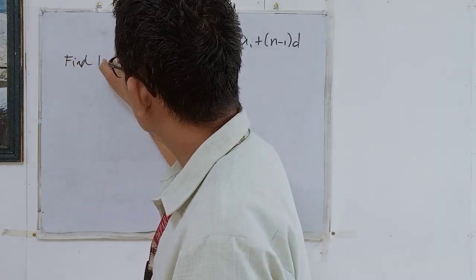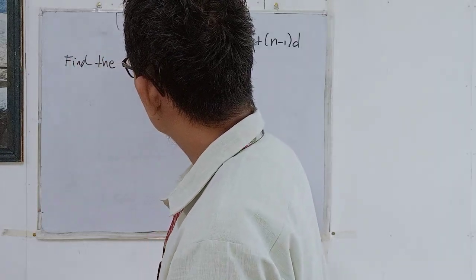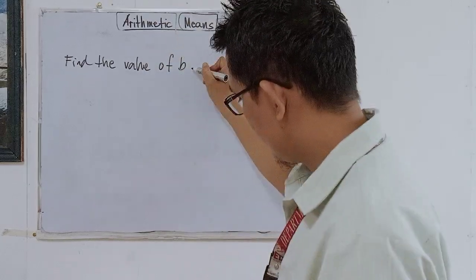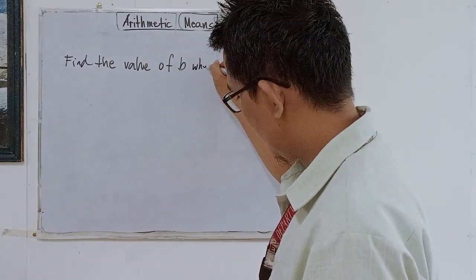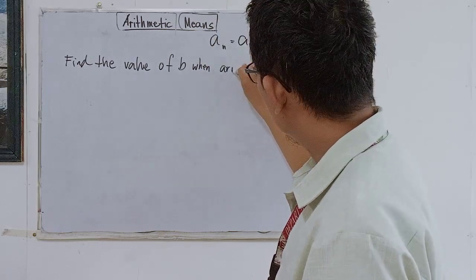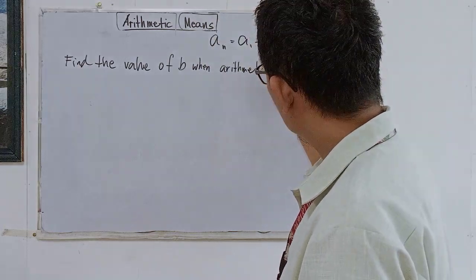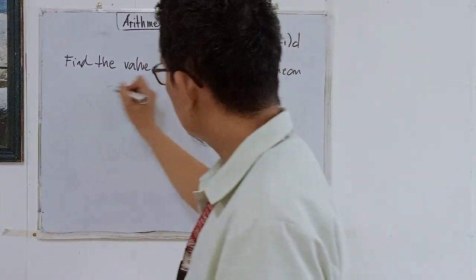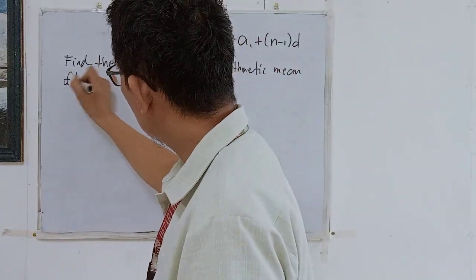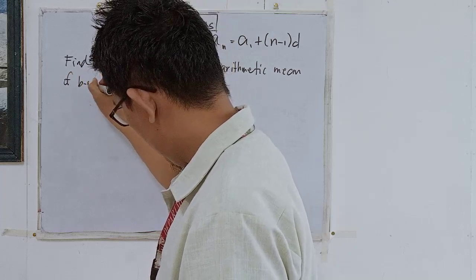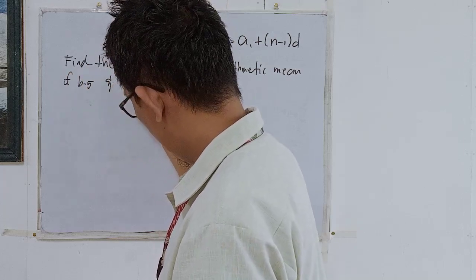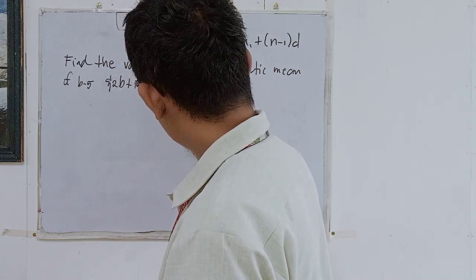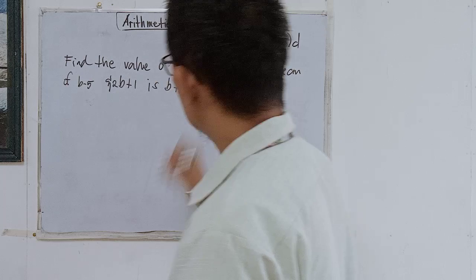Find the value of b when arithmetic mean of b minus 5 and 2b plus 1 is b plus 2.